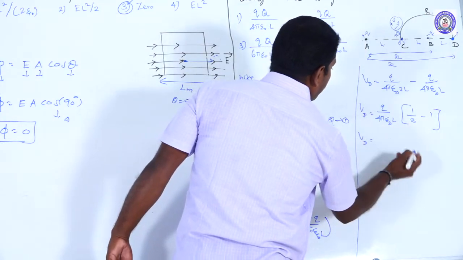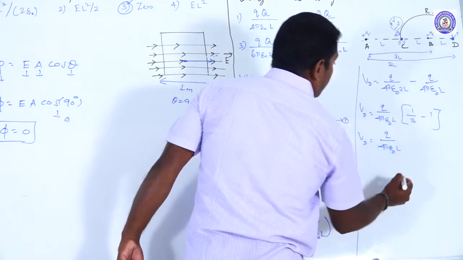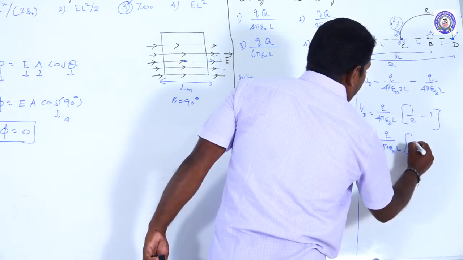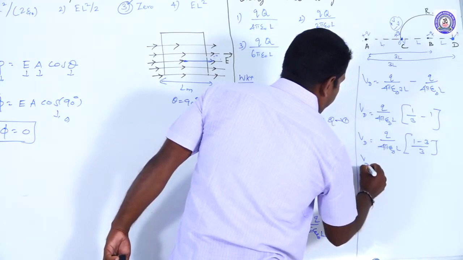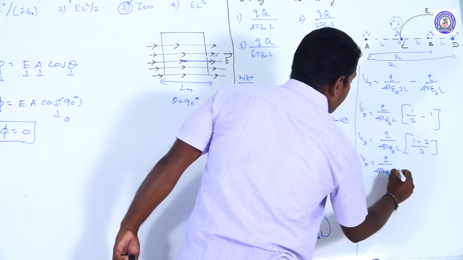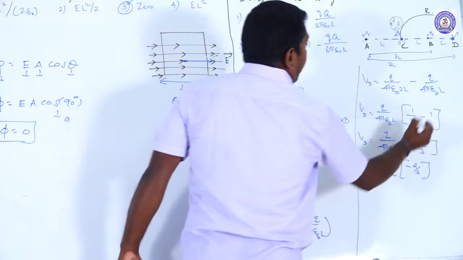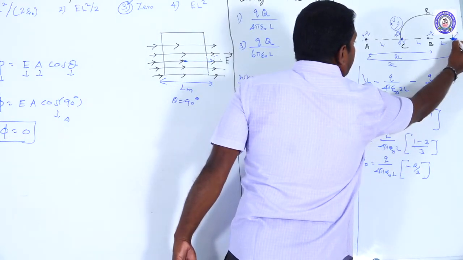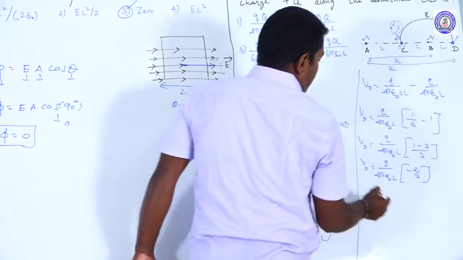Then Vd is equal to Q divided by 4 pi epsilon naught L times (1 minus 3) divided by 3. So, Vd is equal to Q divided by 4 pi epsilon naught L times minus 2 divided by 3. This is the electric potential at point D due to both the charges.